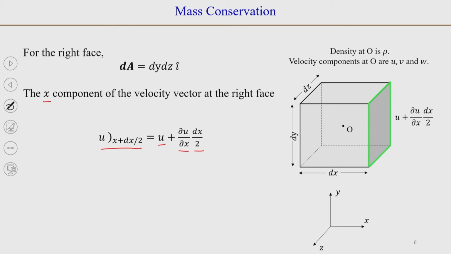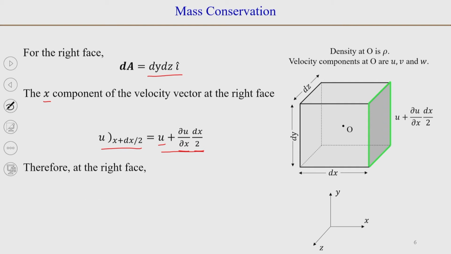So, this is again a linear variation, you can say, of u along the x direction. Now we know the variation of the density at the face, we know the area vector and we know u.